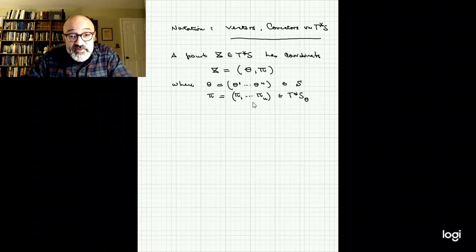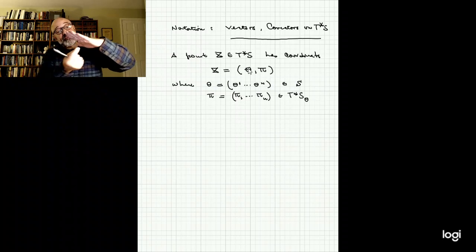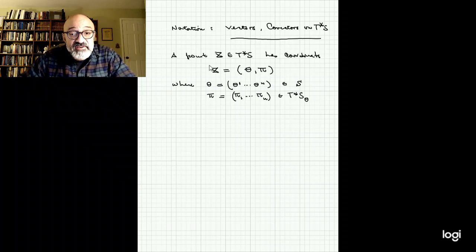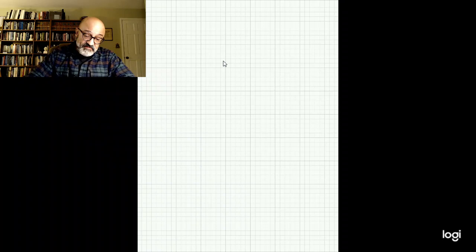So this is supposed to represent a covector at the point theta. If I tell you the base point on the manifold, and then I give you the coordinates in the cotangent space, I can give you the coordinates of every point in this manifold.